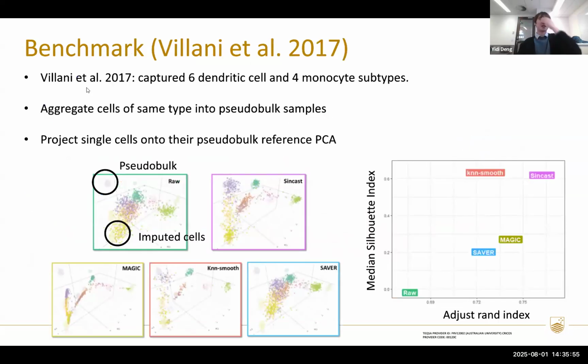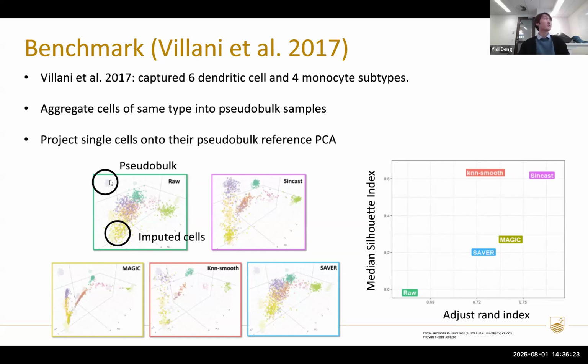The dataset that we use is one where we captured 10 very distinct subtypes. What we did is aggregate cells of the same cell type into pseudo-bulk samples, and then run PCA to build a pseudo-bulk reference PCA. We project the single cells onto the pseudo-bulk reference, so we get the ground truth about what it should be.